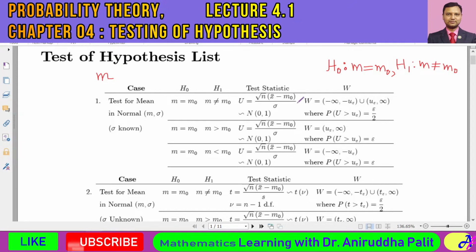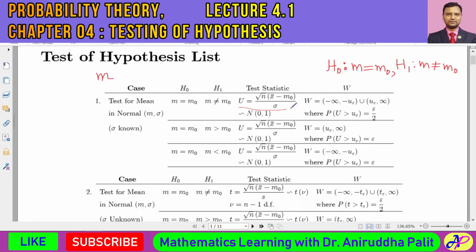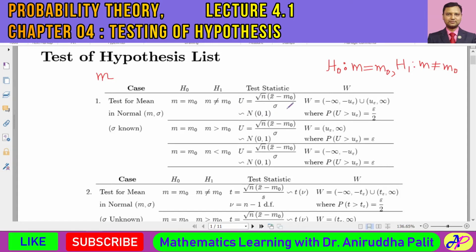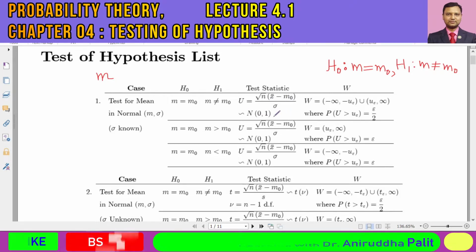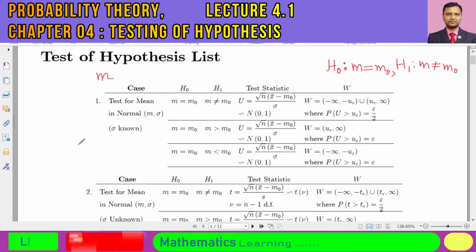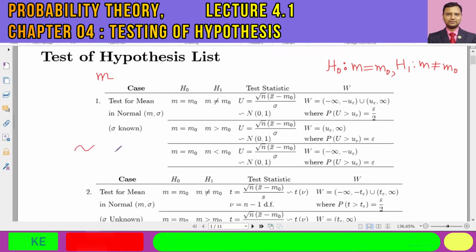We have already discussed three types of statistics in the previous chapter, and this is one such statistic. U is equal to root n into x bar minus m0 divided by sigma, and we know that in case of normal distribution, this statistic U follows a normal distribution. Generally, whenever a statistic follows a certain distribution, we write it with the help of this tilde notation.